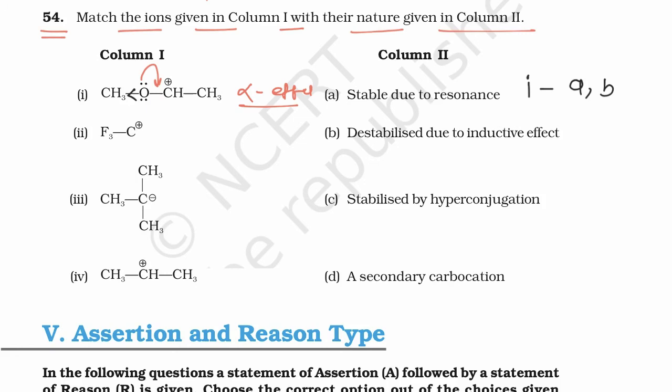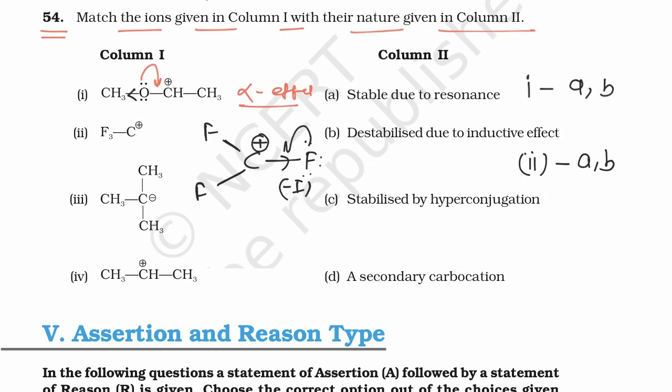CH3 positive is again stabilized by resonance and destabilized by the inductive effect. So second, A and B. In CF3 positive, the minus I effect of fluorine is present along with the plus M effect of fluorine, but overall it is destabilized because the inductive effect is stronger than the mesomeric effect.